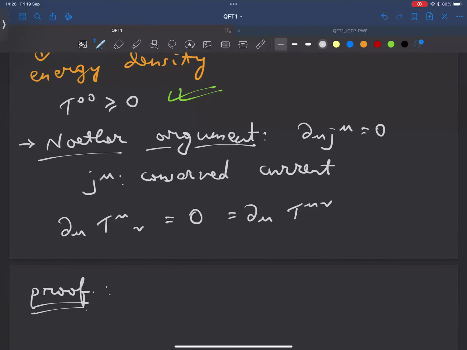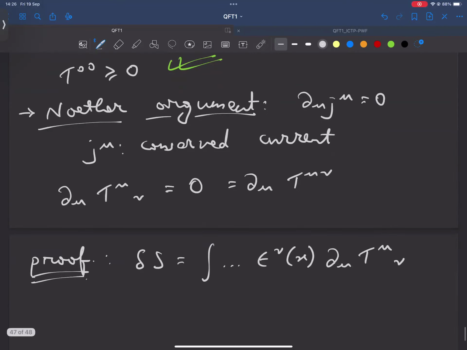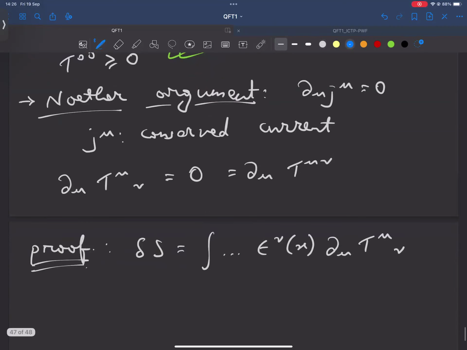When we wrote delta S there was some integral, I won't write down the details, but it multiplied a quantity, the translation parameter epsilon nu, and then there was del mu T mu nu, like this. From here, let's first note that this index mu is acted upon by a space-time derivative del mu. So this implies that this index mu is a space-time index.